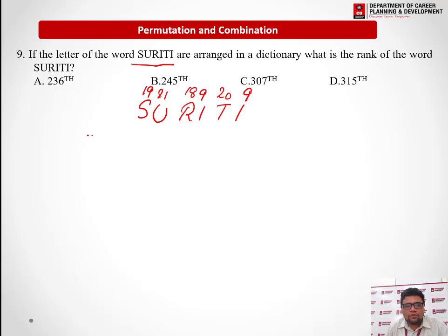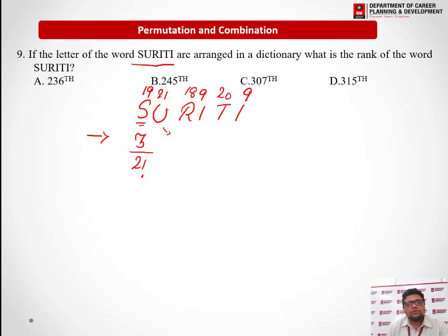Now again move from left to right and find the number of alphabets lesser than the position of S. The alphabets having lesser position than S are 18, that is R, then I, then again I. So there are a total of 3, but I is repeating 2 times, so divide the repetition. As we do in the permutation case, divide this by 2 factorial.